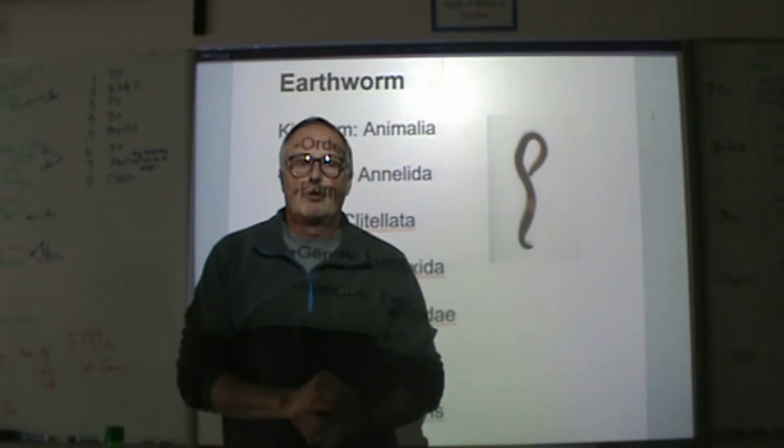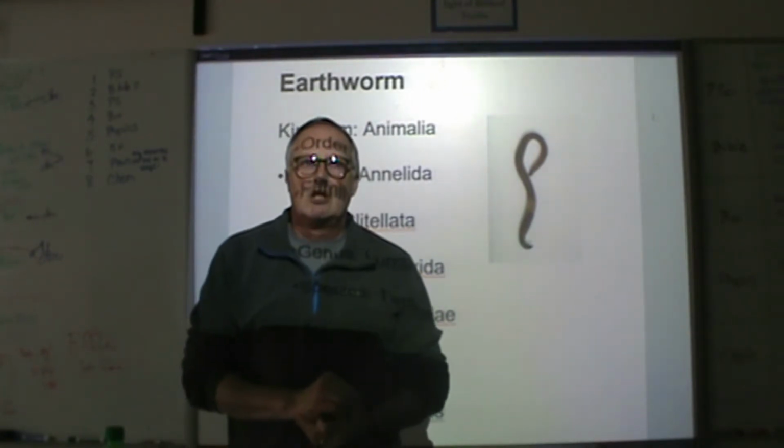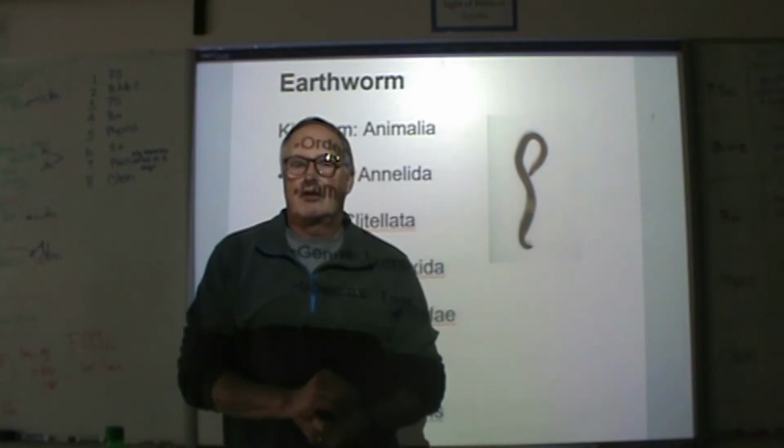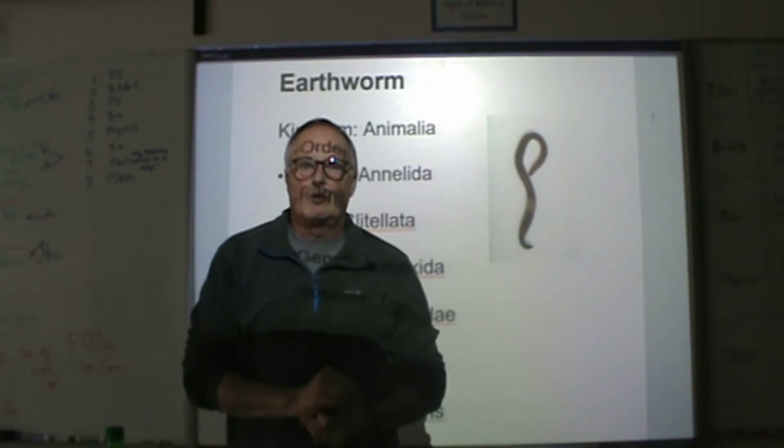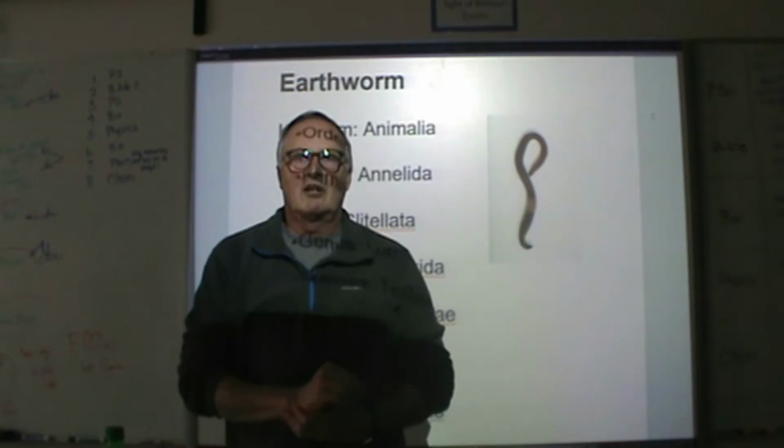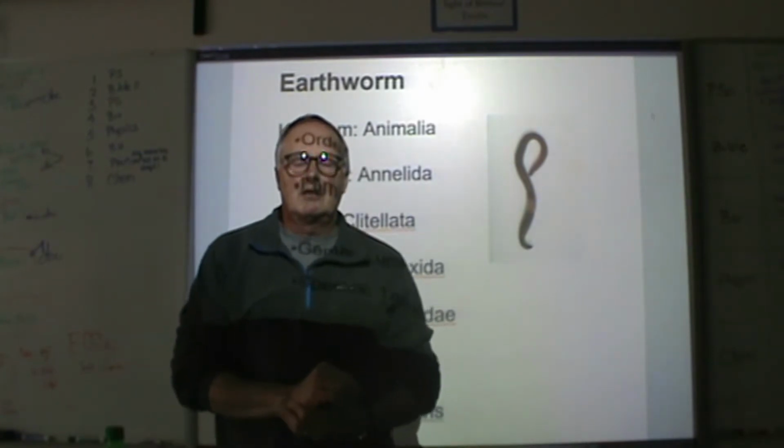The ascaris worm is smaller than the large earthworms, the Canadian ones that you go fishing with, but they can be good size.